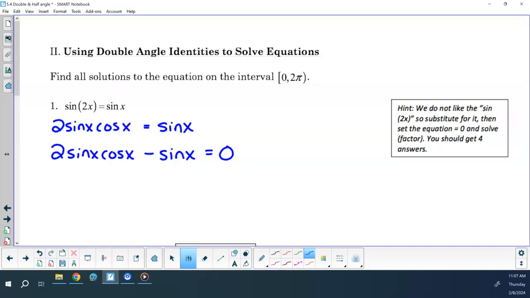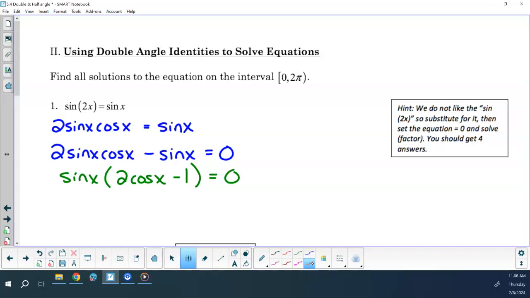Now we can factor out a sine, yep. Okay. So if I factor out a sine, then I'm left with sine of x times 2 cosine of x minus 1 equaling 0. Now that I've got it in factored form, now what can I do?